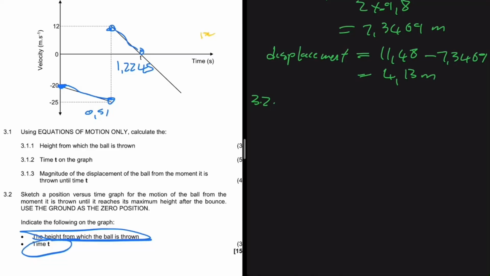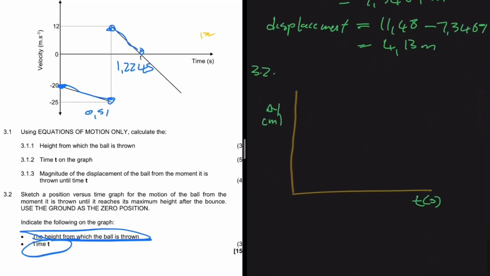So let me just sketch our Cartesian plane. On the x-axis we have the time in seconds. On the y-axis we need delta y in meters, right? So let's start by indicating the maximum height from which it is thrown. So the maximum height we say is 11.48. Like we've been saying, we're moving from maximum height and then it is thrown downwards, right?